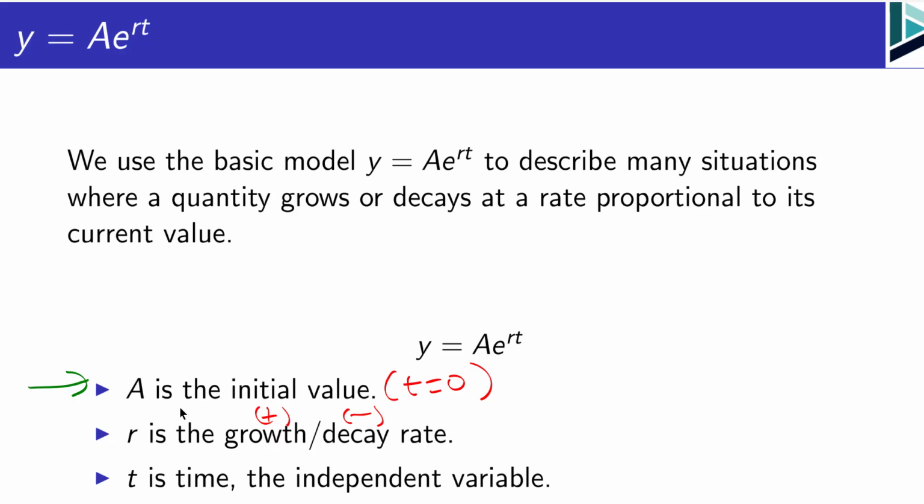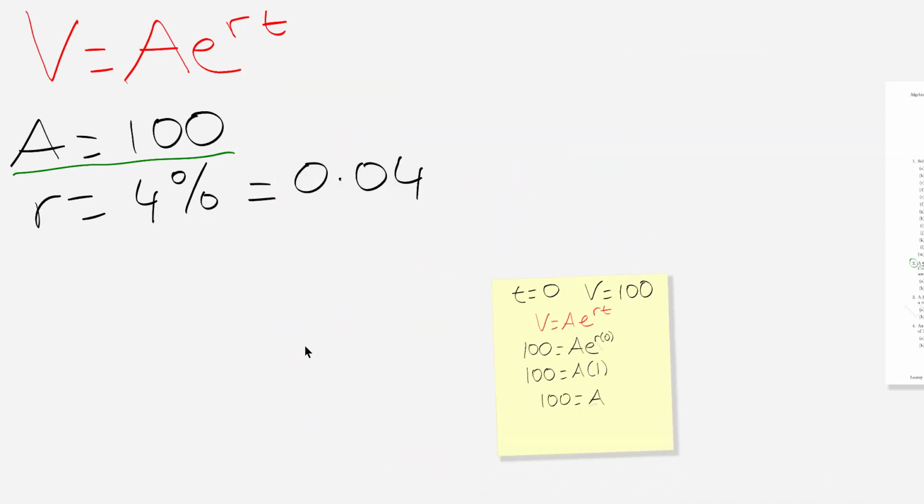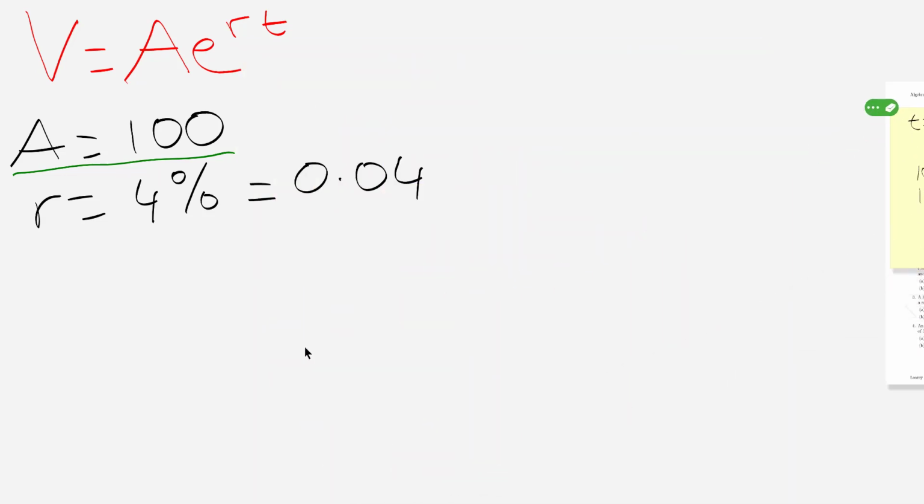And that's why we can say, like we say here, A is the initial value, because when you sub in t equals 0, like I did right here, and put your initial value in for V when t is 0, you'll always end up getting whatever the initial value is will equal A. So sometimes we just skip that step and we realize, okay, A is going to be the initial value. So in this case, A is 100.